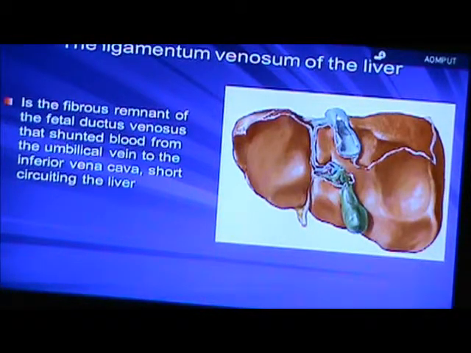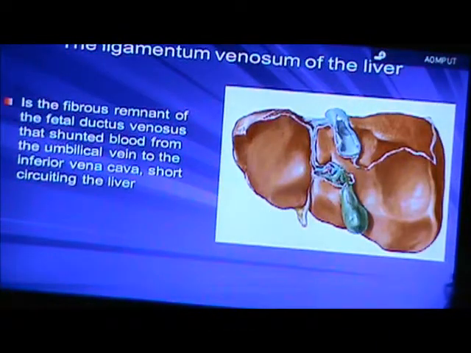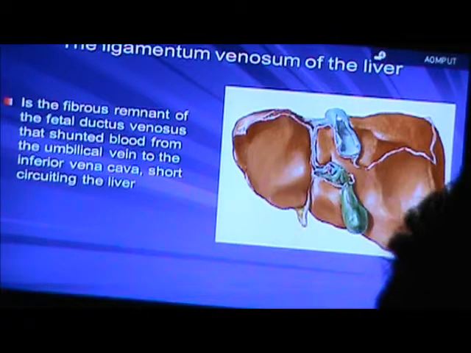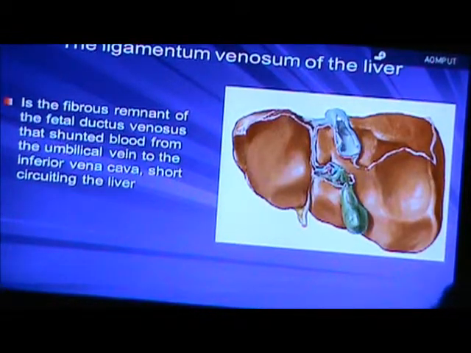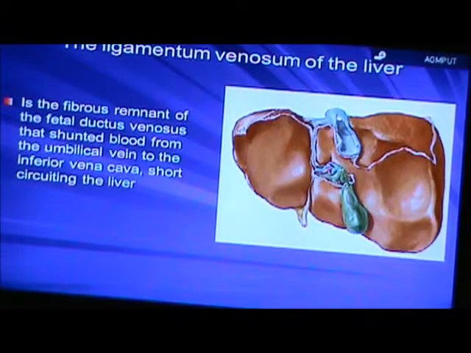And the next structure, which is very important for the ultrasonographers who take care of the mother and her baby, especially her fetus, is the ligamentum venosum, which in the fetus forms the ductus venosus.